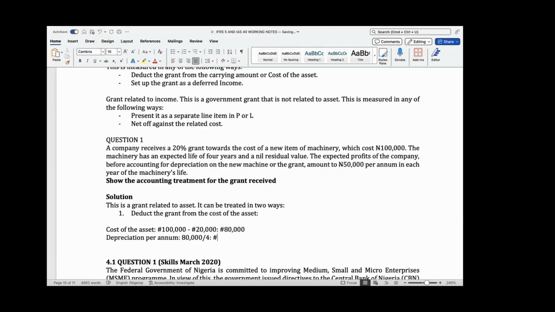And that is 20,000 per annum. And that's it. So who can tell me, anybody in this class, if you're deducting this grant from the cost of the assets, what double entry are we using here? Who can try? What journal must have been passed to do this?